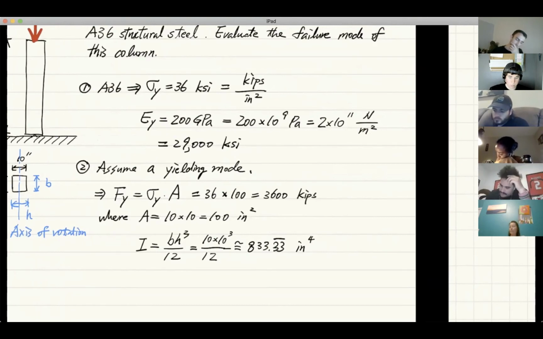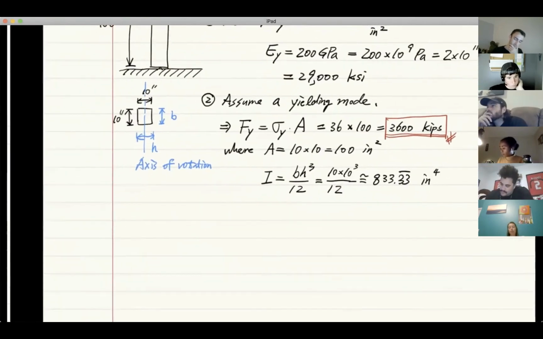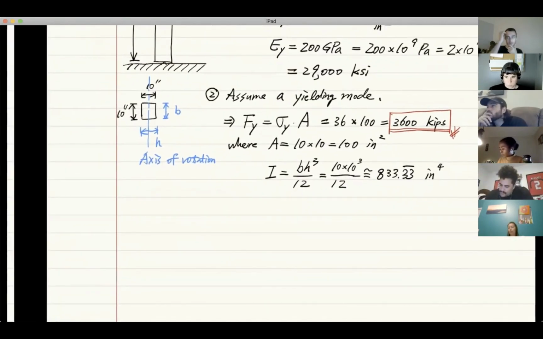So this is our first answer, by assuming that the entire column will just yield, and the failure load will be 3,600 kips.